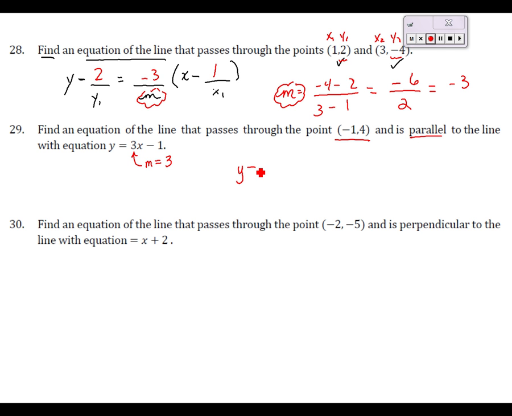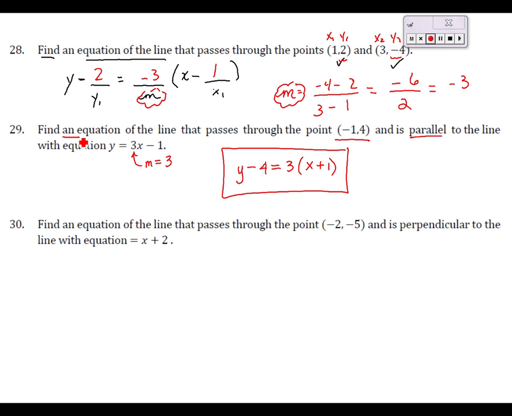So y minus our y coordinate equals the slope, which we've decided because they're parallel is the same as the slope of this line, 3, times x minus -1, or how about x plus 1 would be maybe the slick way to write that. If you want to rearrange this equation, feel free. But you can also leave it that way. If it says find an equation, there's one.